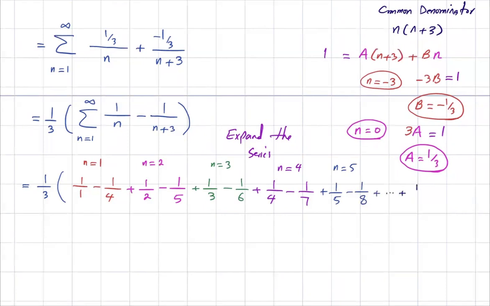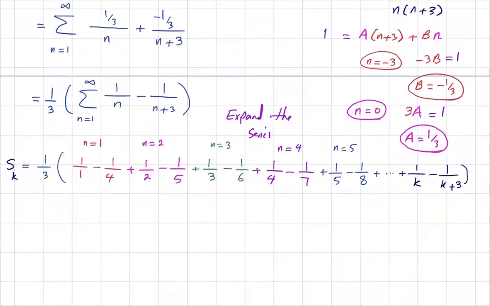And this guy is 1 over... You can write k as well to get the partial sum. 1 over k minus 1 over k plus 3. And then you find the limit of this partial sum. So let's call it S sub k. So S sub k is equal to 1 over 3.